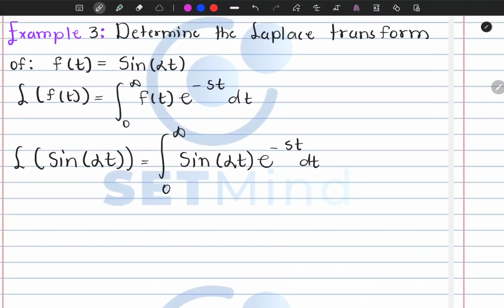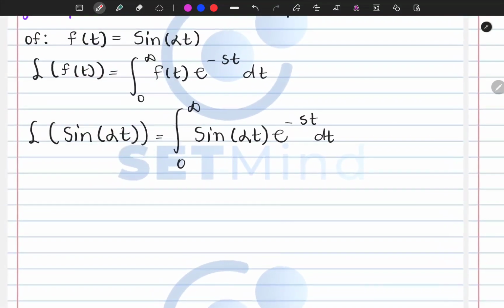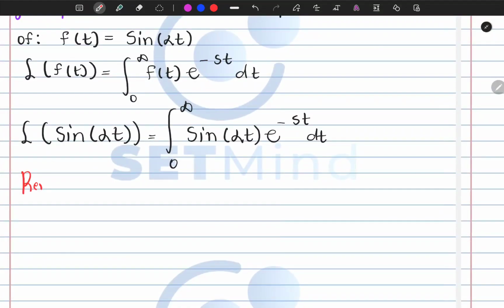One would opt to use a couple of rules like integration by parts, but I'm not going to do that.